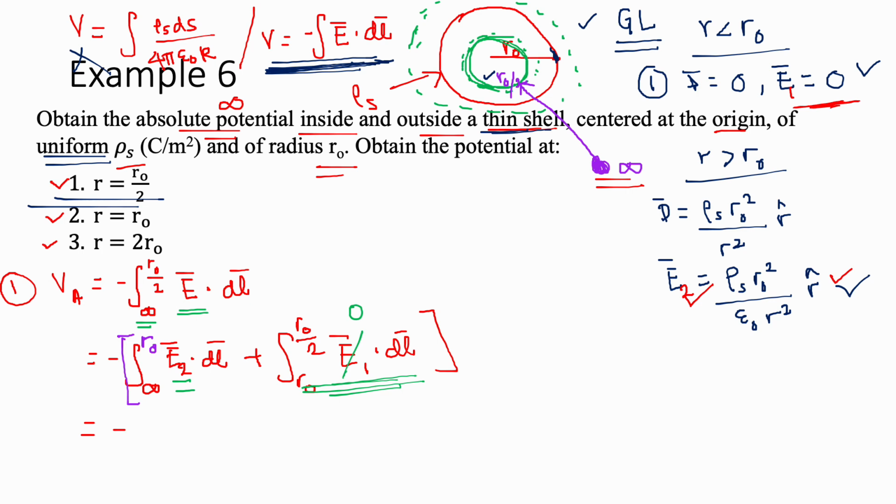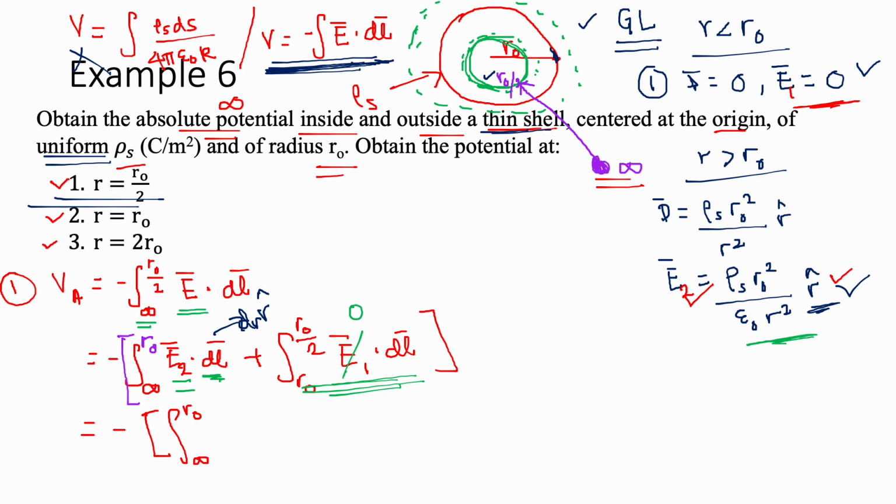So now let's solve that by substituting the E2 that we obtained just now. This is the value of E2. What is your dl then? Our E2 is in the r direction, so your dl should also be in the r direction, so your dl will be dr in the r direction. Therefore it's going to be negative, the limit from infinity until r naught.